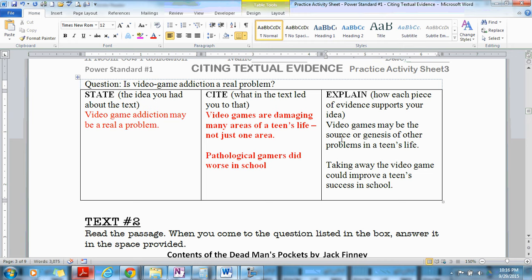This is totally my opinion, but I'm backing it up with textual evidence. Now, I could be totally wrong, or you totally could disagree with me. So you could say, no, it's not. I am going to say, yes, it is.